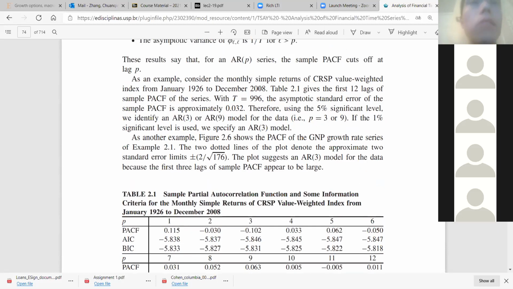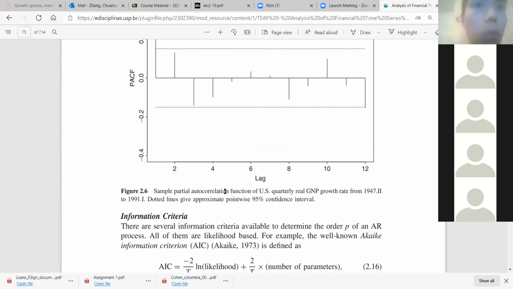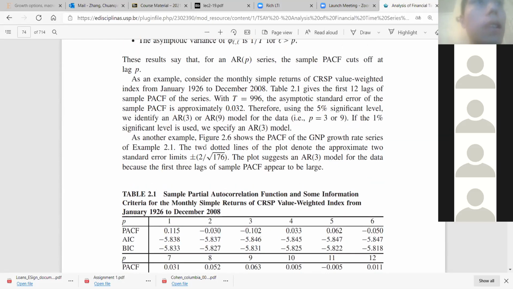The textbook gives you some explanation here on how to read Figure 2.6. For example, as another example, Figure 2.6 shows the PACF of the GNP growth rate; again we use the same data series. The two dotted lines of the plot denote the approximate two standard error limits.